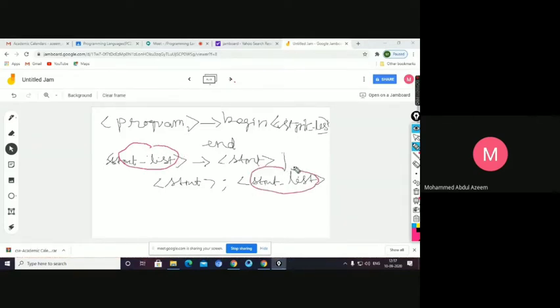Here we have defined the statement list as a single statement or multiple statements. How do you define multiple statements? Statement followed by statement list. It means this statement list again can be a single statement or again a statement followed by a statement list. So this kind of rule we call recursion.